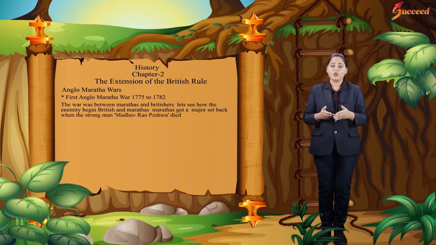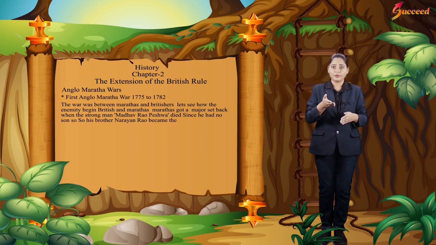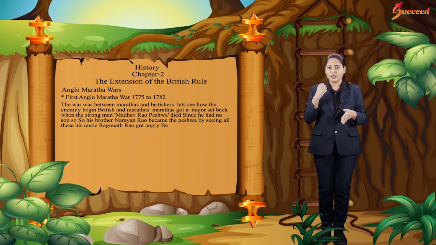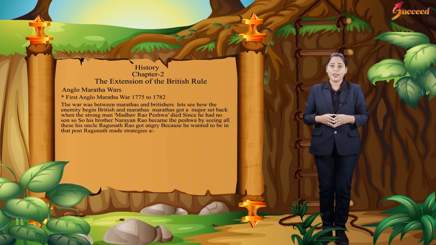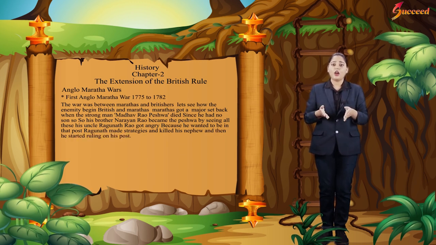Since he had no son, his brother Narayan Rao became the Peshwa. Seeing this, his uncle Raghunath Rao got angry because he wanted that post. Raghunath made strategies and killed his nephew, and then started ruling in his place.